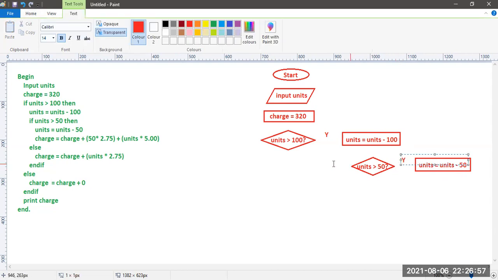And I would say the charge is charge plus 50 into 2.75 plus units into 5.00. So the big equation.